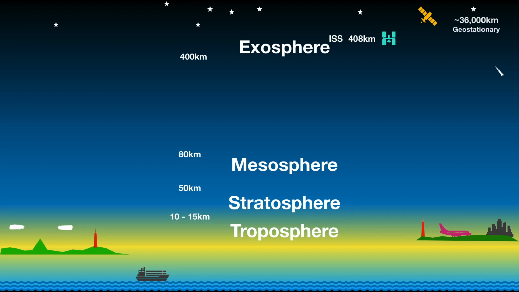Way above the ISS, we have geostationary satellites, such as the ones we use for watching digital TV. A geostationary satellite is in an orbit that rotates at exactly the same speed as the Earth rotates, and so from the ground it appears stationary.